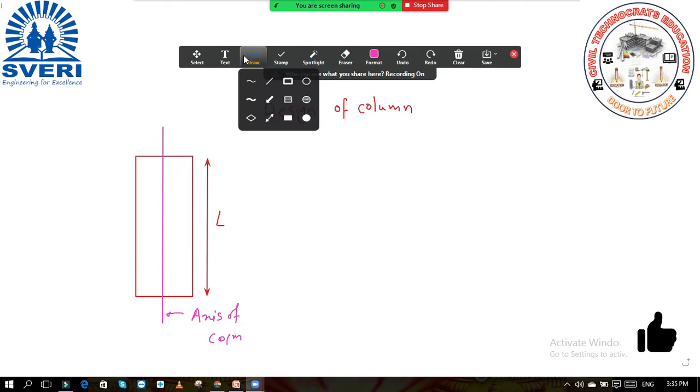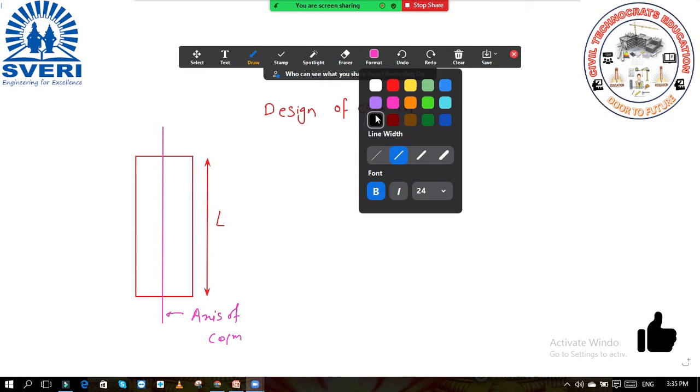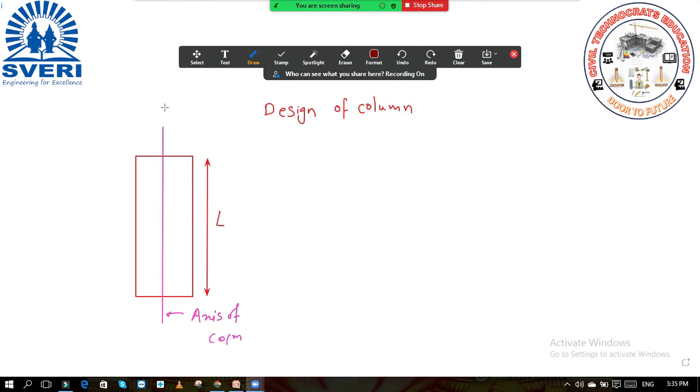Now, if the load is acting on this column along this axis, in this way, this is your load P. This is the active load acting along the axis of the column. Along the axis of the column means what? Here, the eccentricity of the load is 0.